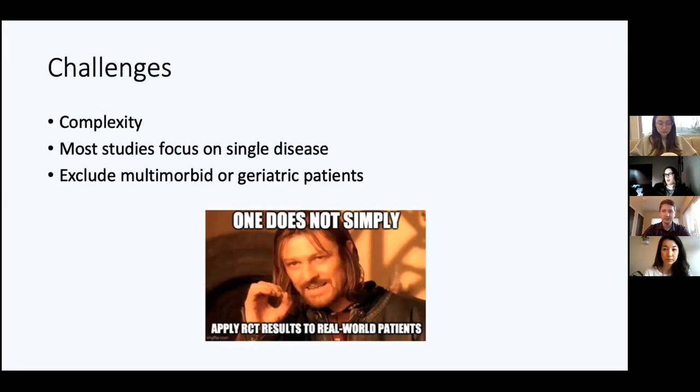And they almost always exclude multimorbid patients or older patients. So next time you're looking at a big study, like the SPRINT trial, which had a pretty large cohort, you'll see that they excluded a lot of people, including those with diabetes.